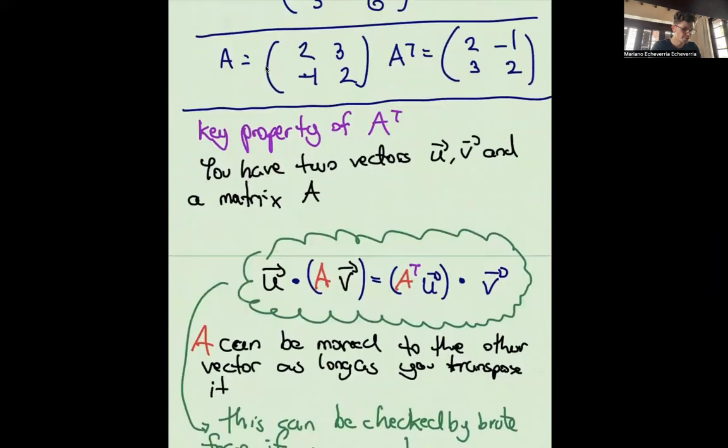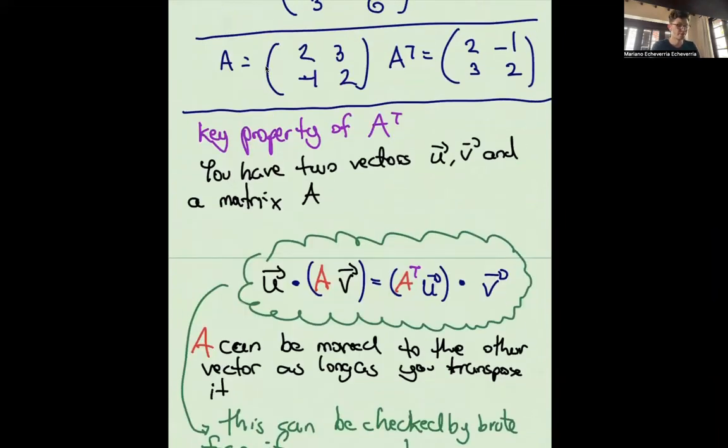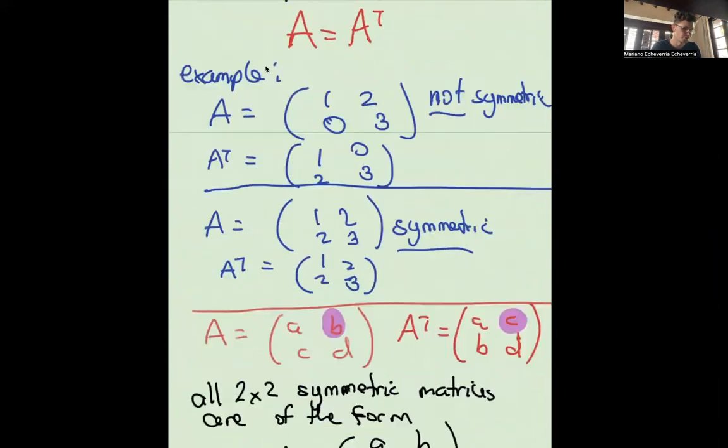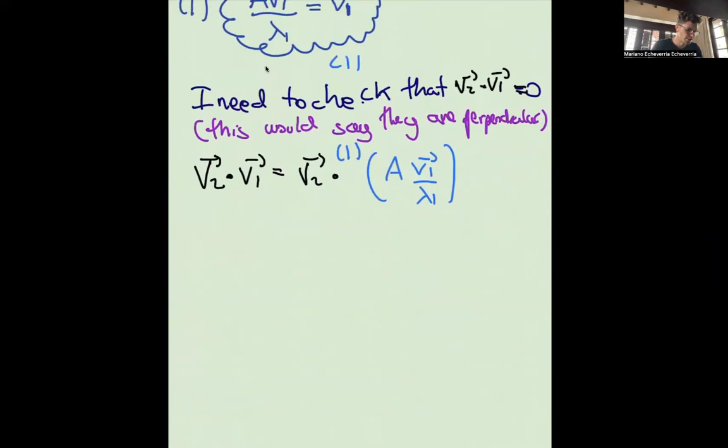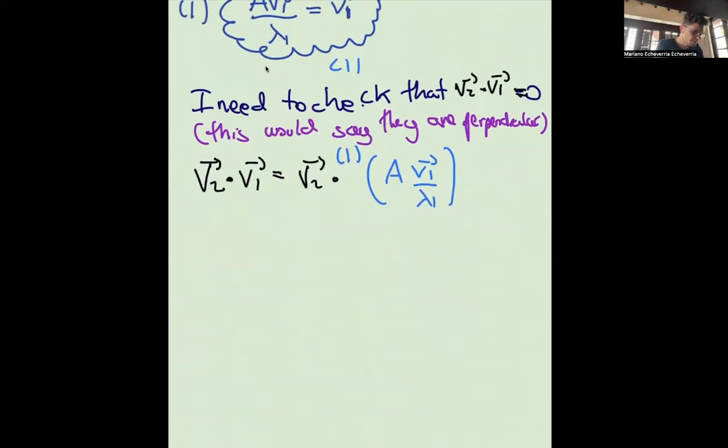If you write it that way, you can use the key property of the transpose, which said that if you have a dot product and the matrix A is multiplying a vector, then you can move this matrix to the other factor at the expense of putting a transpose. So let me use now the key property of A transpose.